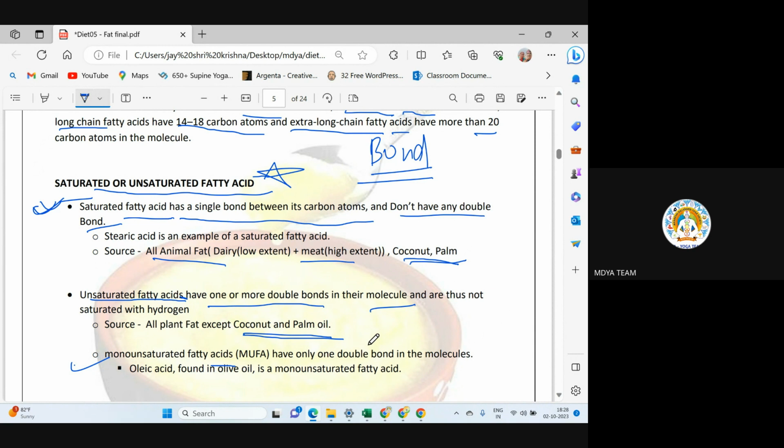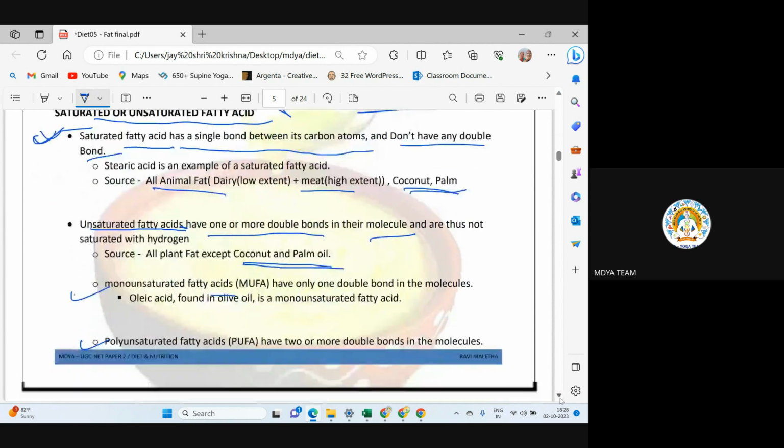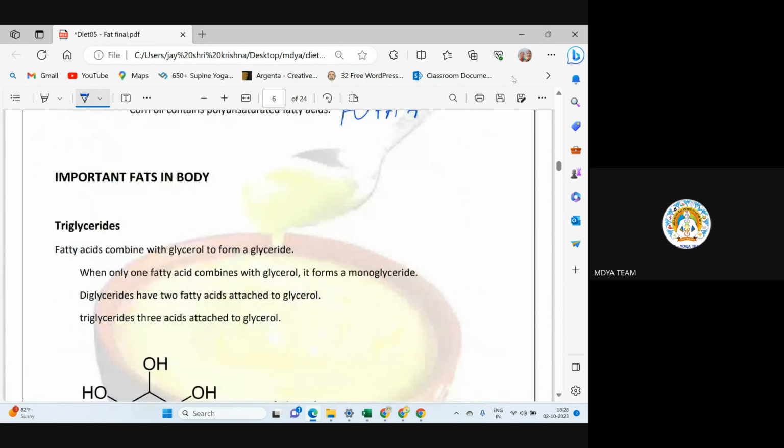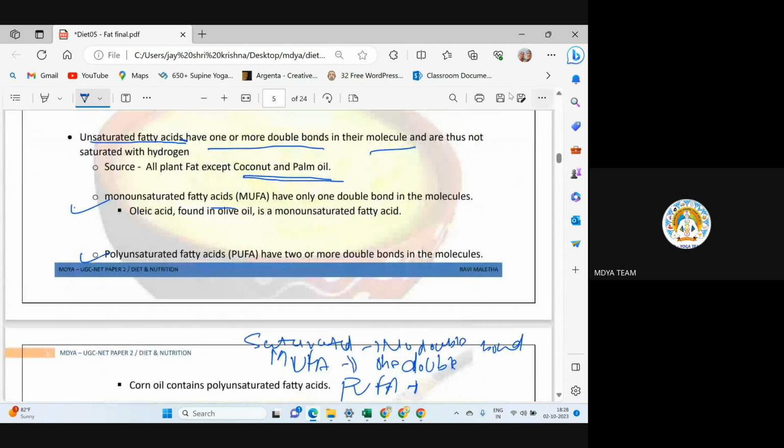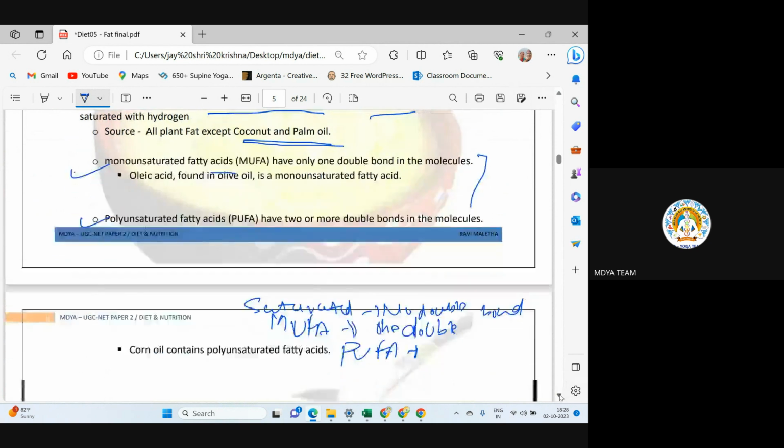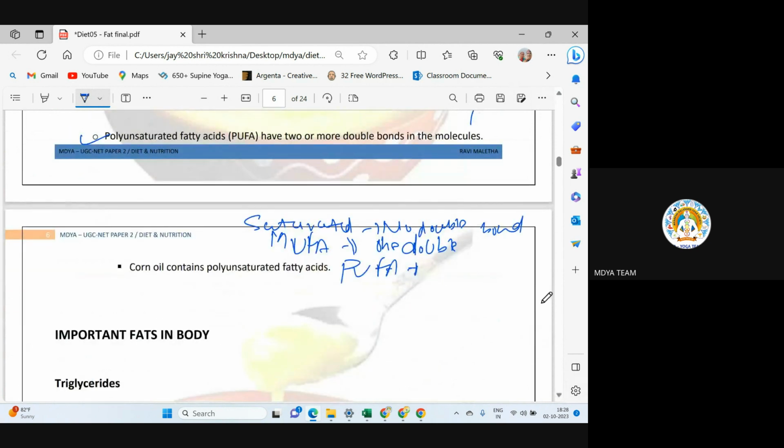Is it clear? Okay, now no need to remember examples of polyunsaturated and monounsaturated. Just know the concept of what is polyunsaturated and what is monounsaturated.